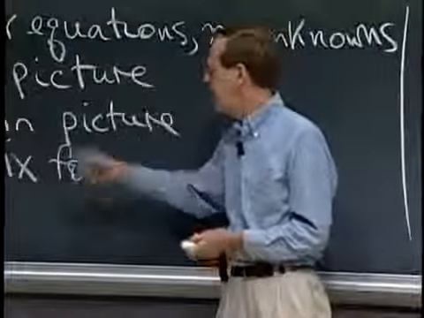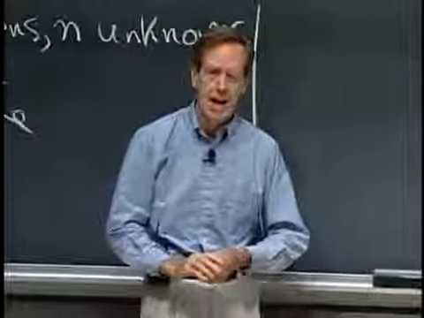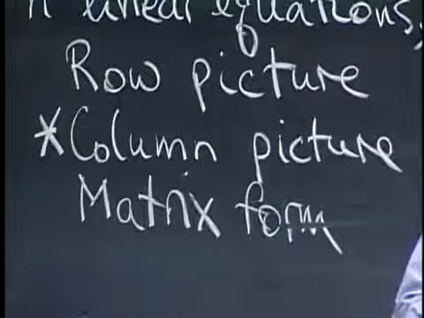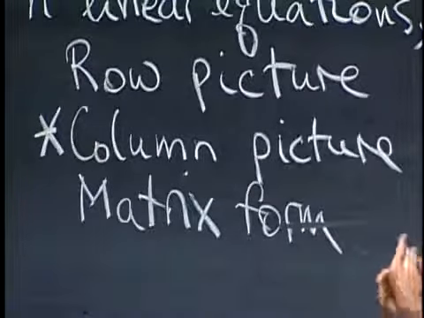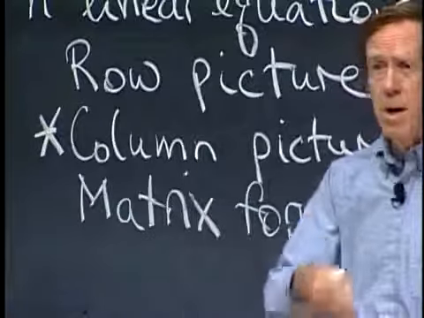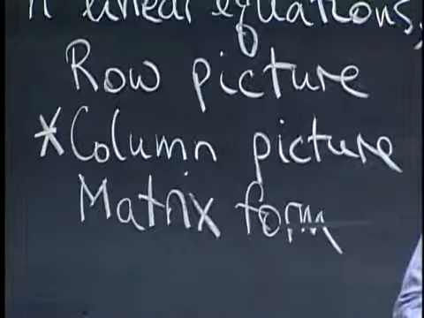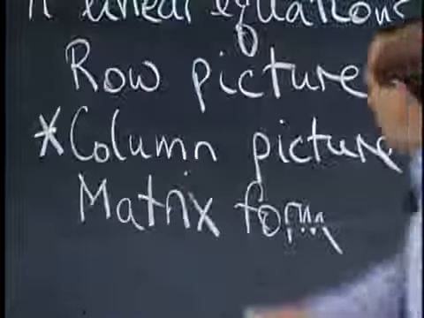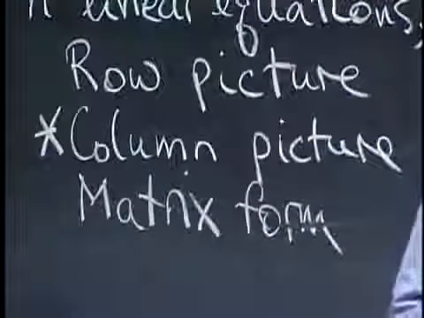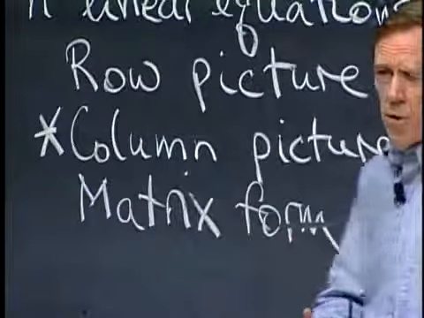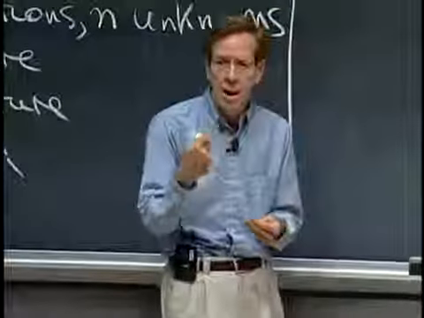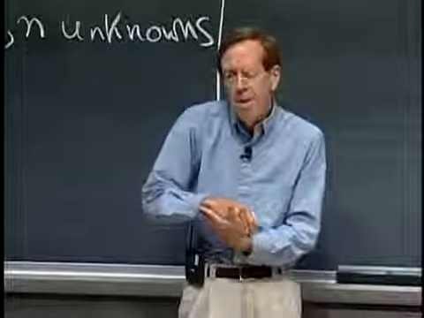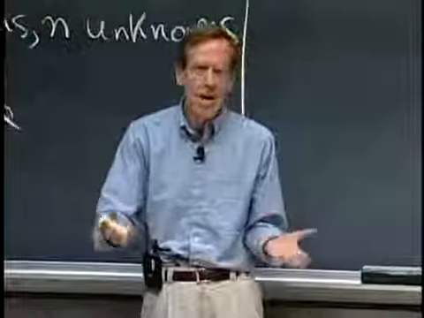The second picture, I put a star beside that because that's such an important one. And maybe new to you is the picture a column at a time. And those are the rows and columns of a matrix. So the algebra way to look at the problem is the matrix form using a matrix that I'll call A.